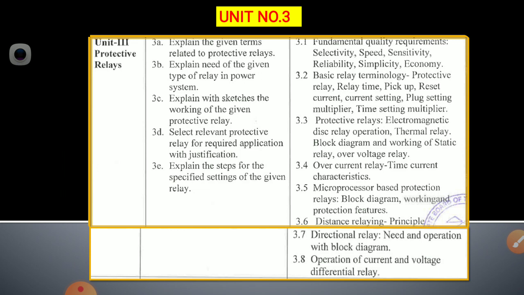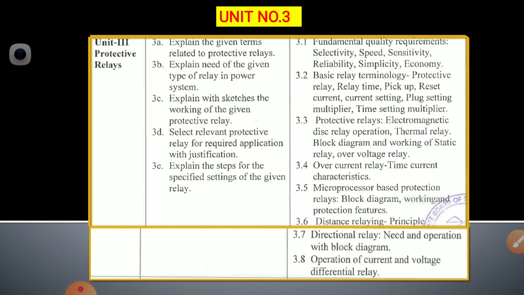Then second is the basic relay terminology, that is how the relay circuit will work. So a relay is nothing but a sensing device which can sense the fault and send a command to the circuit breaker for its operation. So the function of a relay is to sense the fault and send a trip signal, send a command to the circuit breaker for its operation.